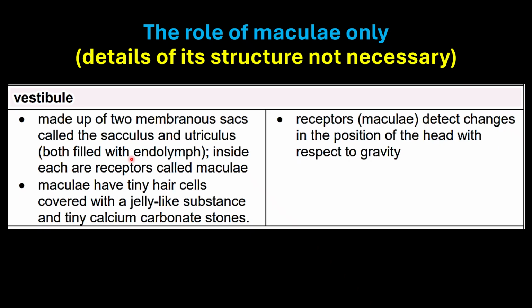Both sacs are filled with a fluid. This fluid is called endolymph. So there are two membranous sacs, meaning the sacs are very thin and fragile. One is called sacculus, the other one is called utriculus. And inside them is a fluid called endolymph.